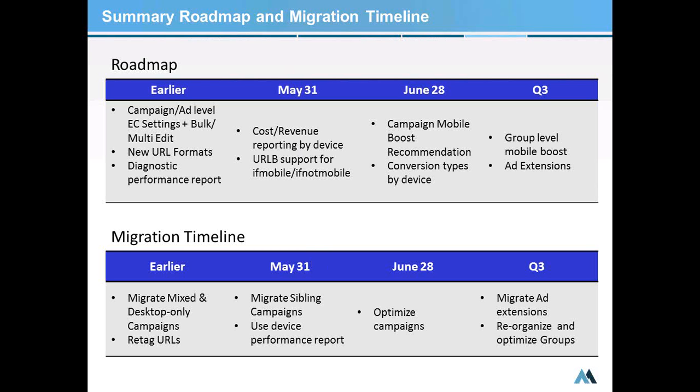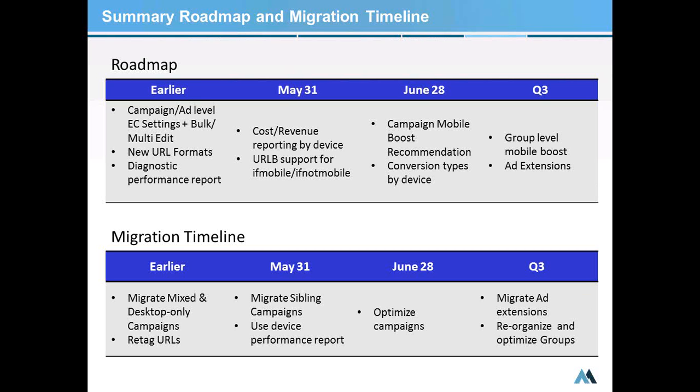And you can use the device performance report anytime to set your initial mobile bid adjustment. In June 28th, our next release, you can optimize your campaigns based on our mobile boost recommendations. And in Q3, you can focus on ad extensions and reorganizing any campaigns based on groups, depending on group-specific performance.